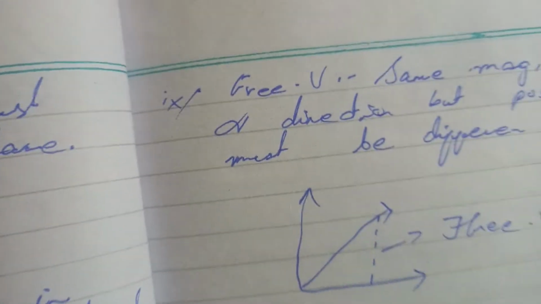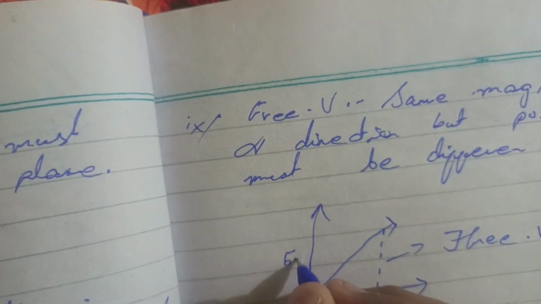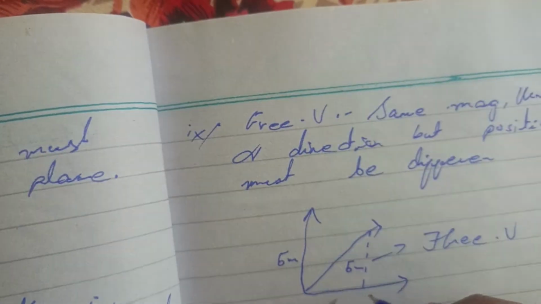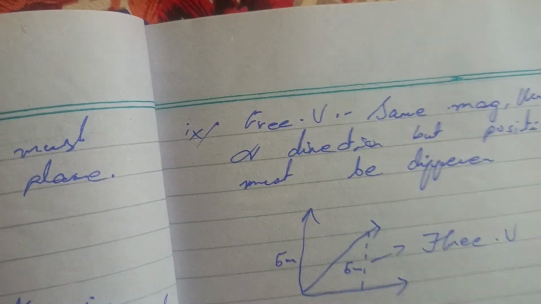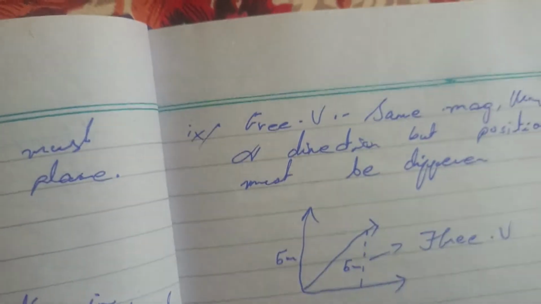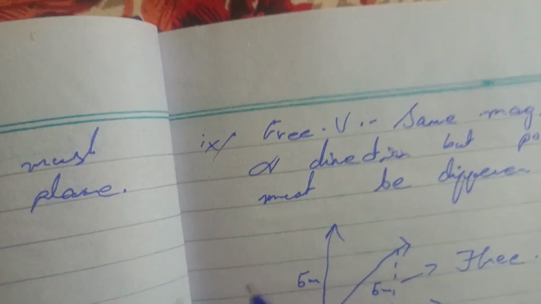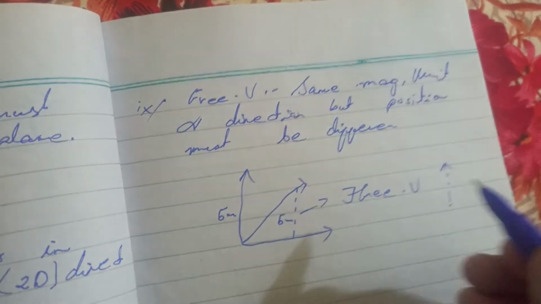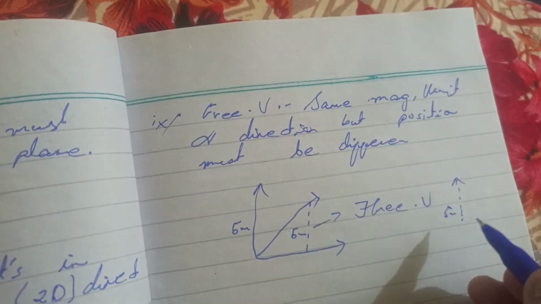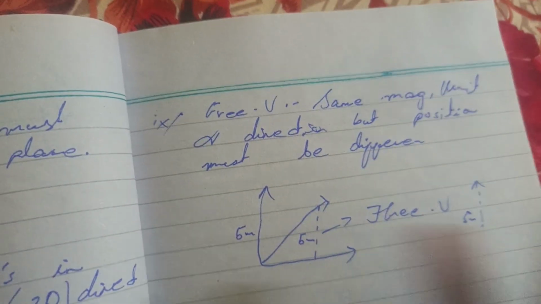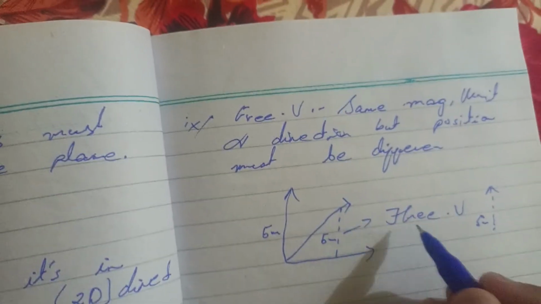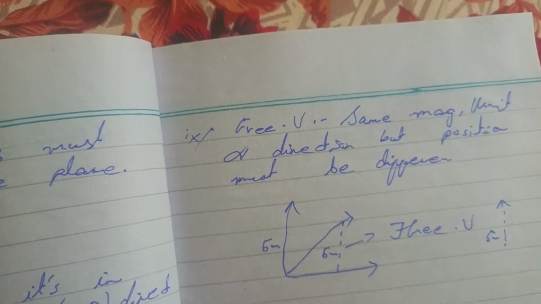The diagram is not showing the same magnitude, but still, 5 meters, it is the same magnitude, same unit, same direction, but the position is different. It can also be here. So the direction must be the same, the magnitude must be the same, and obviously the vector is also the same, so it can be called the free vector.